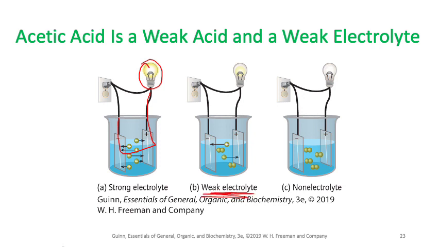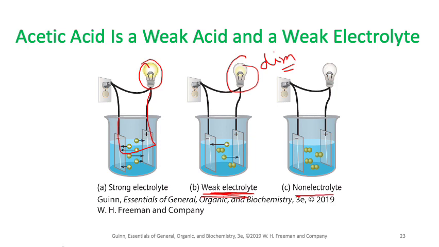Weak electrolyte means you don't have enough ions in the solution, for example a weak acid, and if you turn on the switch you don't have enough ions to complete the circuit as well; you can still complete the circuit, but not as much as in the strong electrolyte. That's why the light of the bulb is not as bright. It's like a dim light coming out, right?